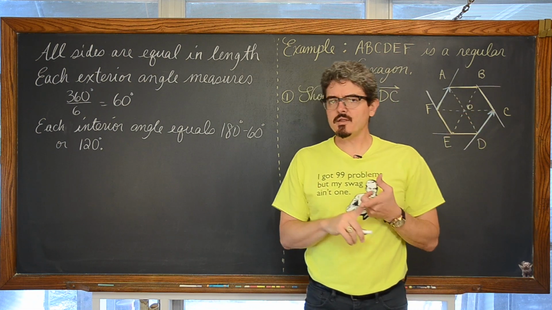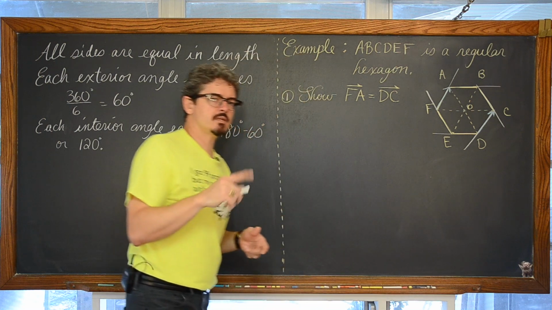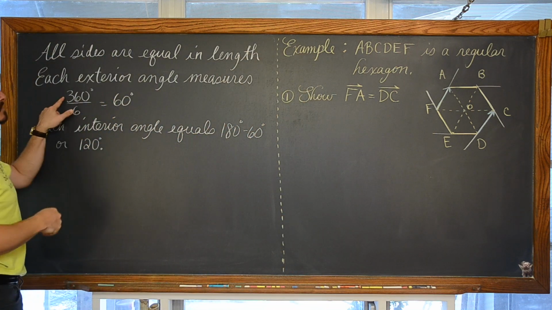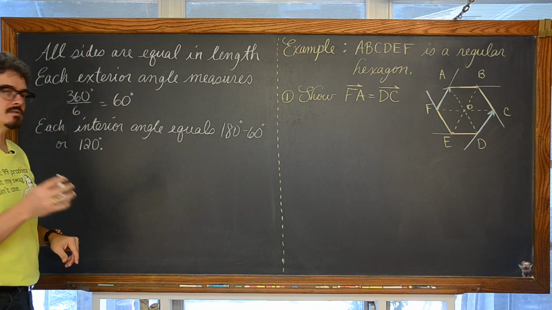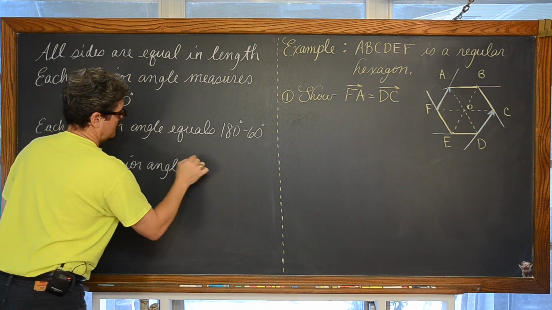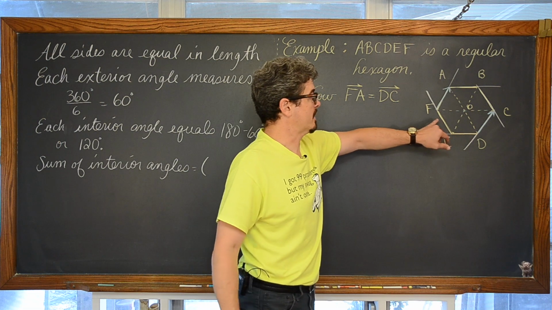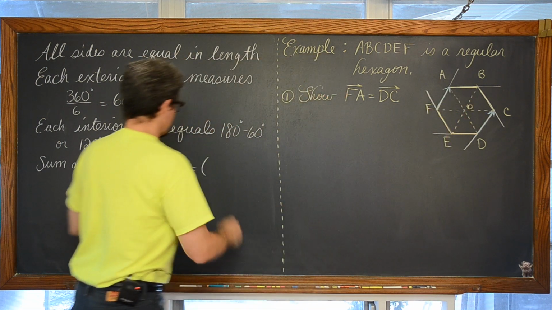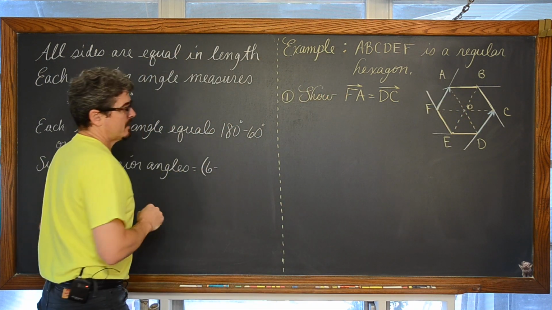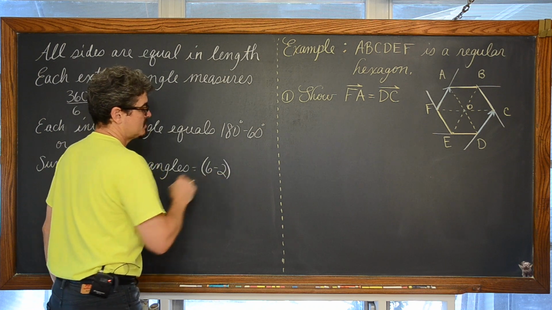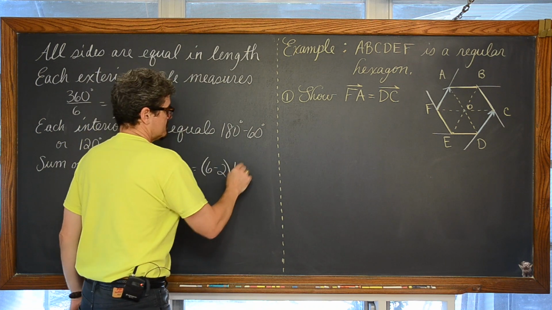Or another is the sum of the interior angles. While the exterior angles always have a sum of 360, the sum of the interior angles is equal to the number of sides of any polygon, actually, it doesn't have to be regular, in this case, it's 6, the number of sides minus 2 times 180.